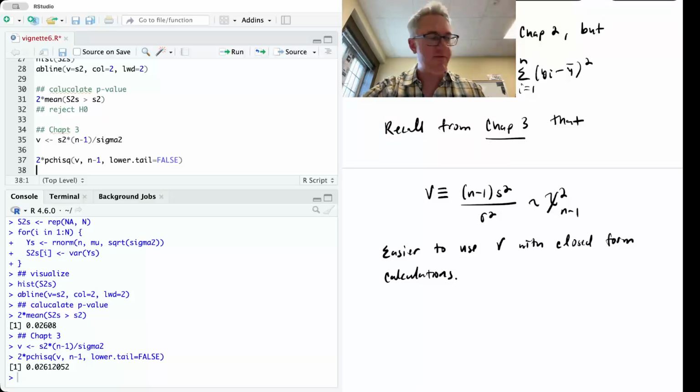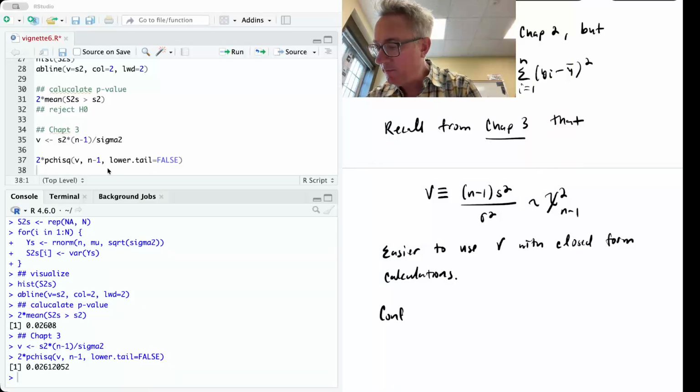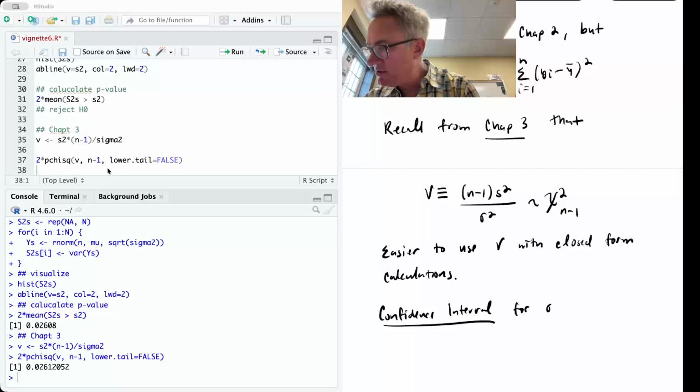How about a confidence interval? Okay, so now I want to tell you about a confidence interval for sigma squared. Remember how to do that with simulation.